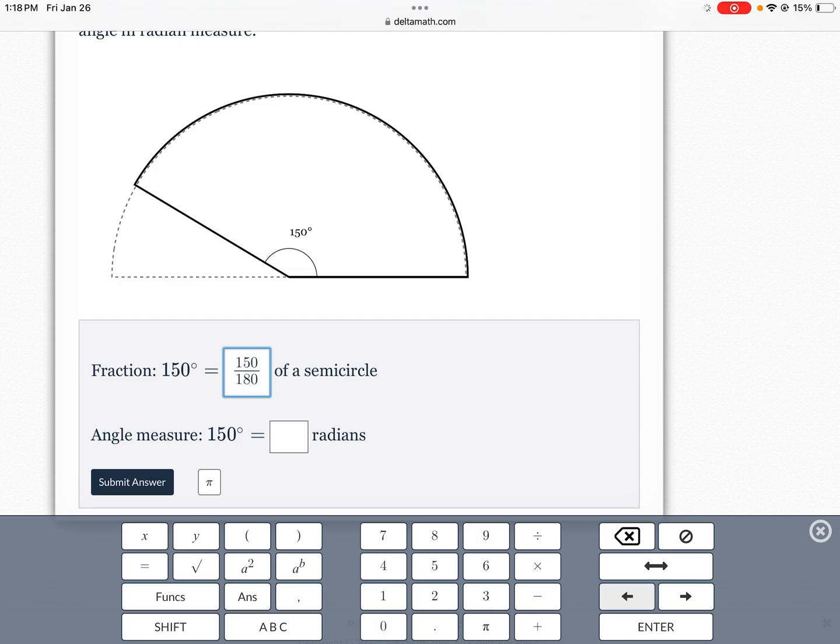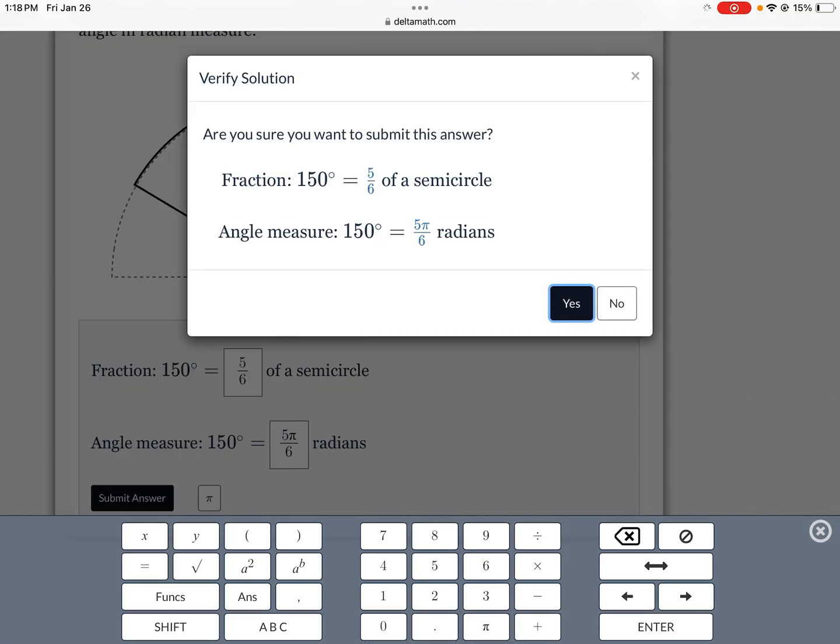So I could take off the zeros, and now 15 over 18. They're both divisible by 3. So that's 5/6. So what does that mean in radians? That'd be 5 pi divided by 6 radians.